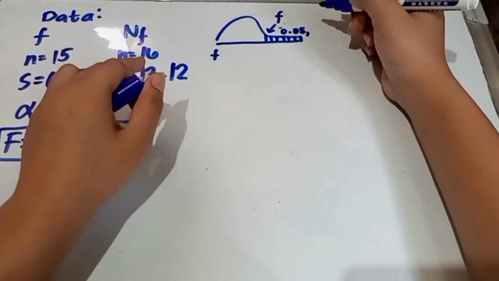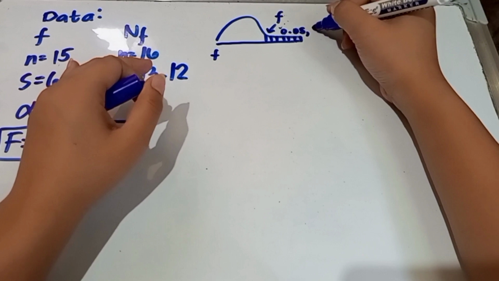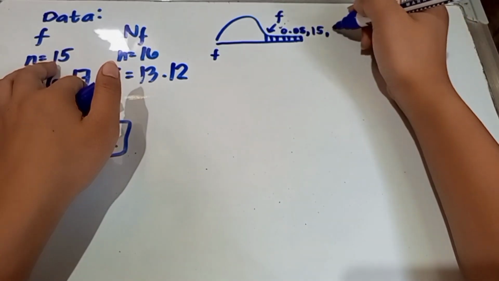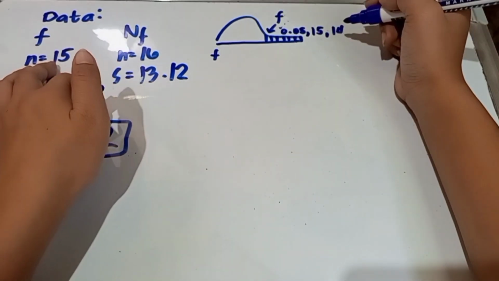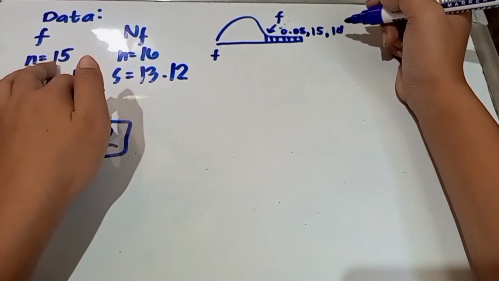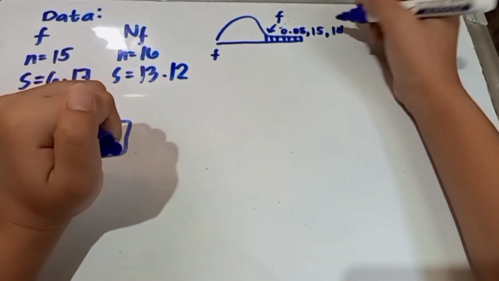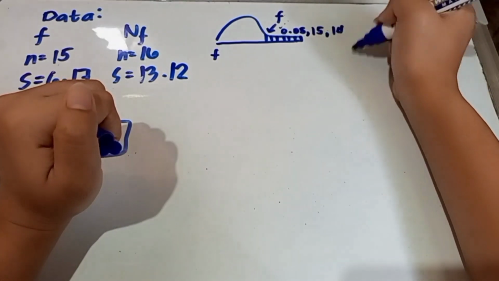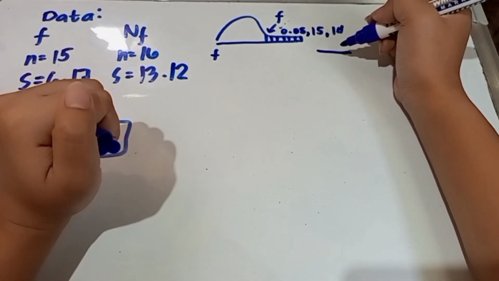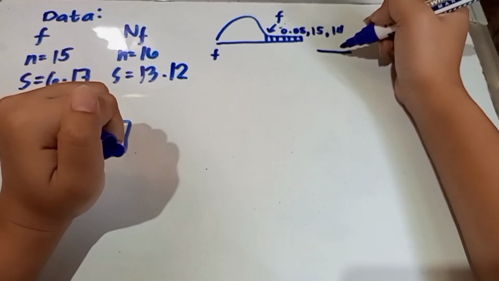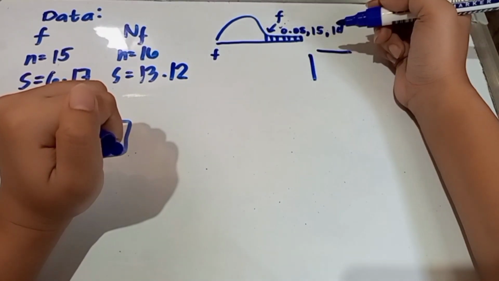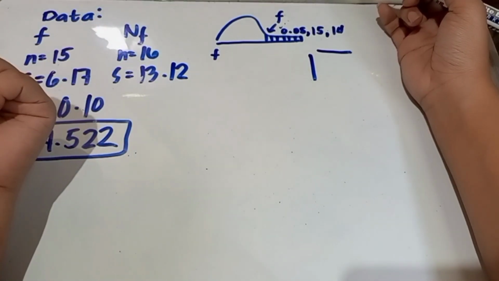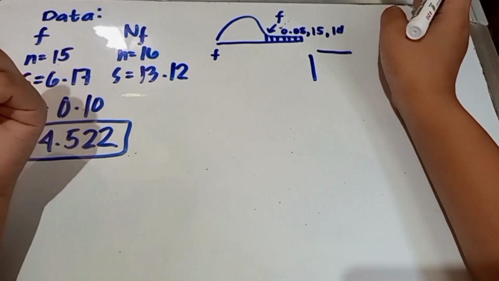So 16 minus 1 is equal to 15, and 15 minus 1 is equal to 14. This is the value that we need to look up on our F table. The 15 degrees of freedom is on the top row, and the 14 degrees of freedom is in the leftmost column. The corresponding value would be our critical value. So now let's take a look at our table.